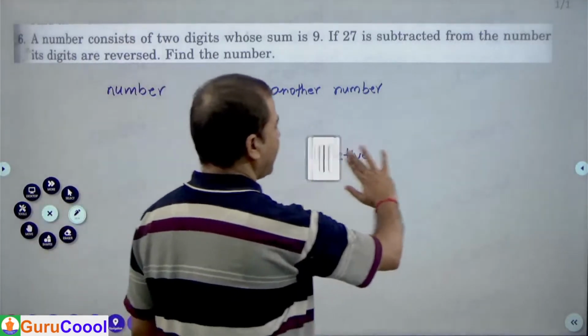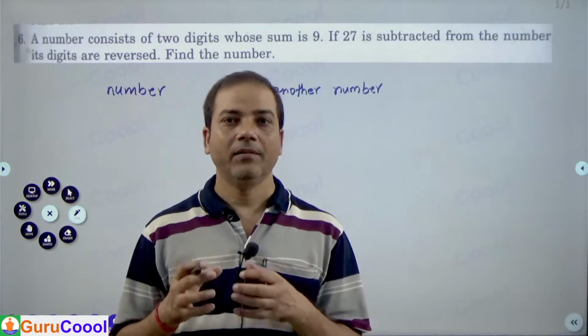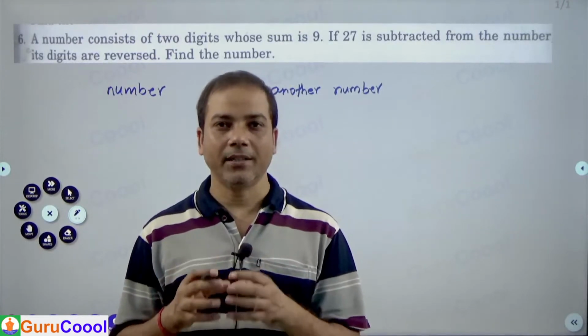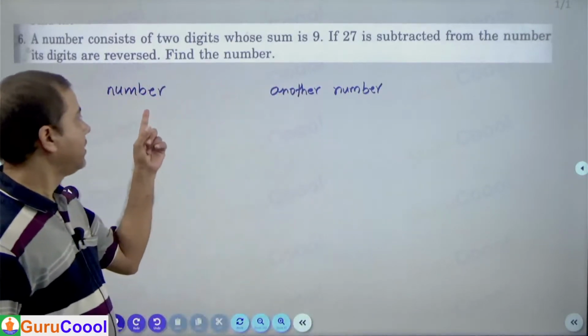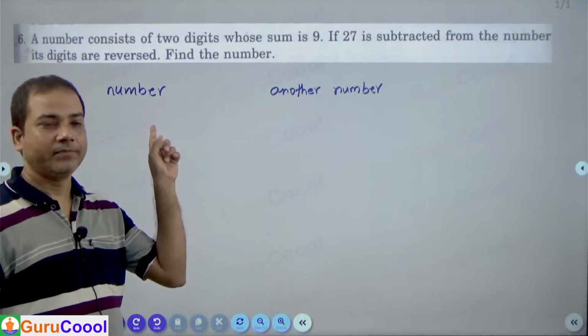If we get some clues, we can catch the criminal. We can catch the thief. So we have some clues, and this is the criminal we have to catch.